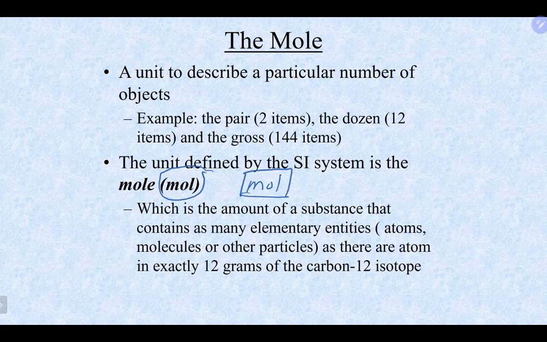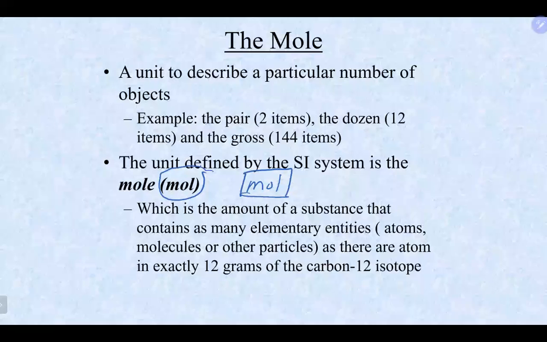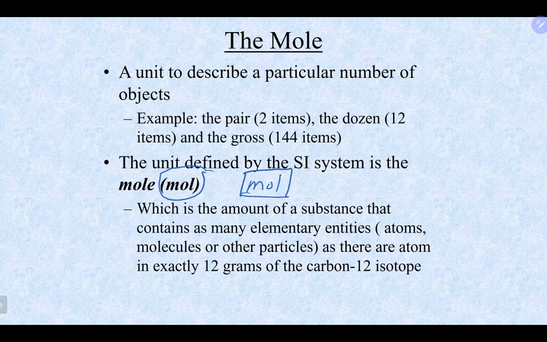It's really important, though, that when you do see mol, you understand that it represents mole. It does not represent molecules, which is a very common mistake people make when they see that. They think molecules. So that is the abbreviation for a mole. And just like a pair of shoes or a pair of whatever it may be, a mole represents a certain amount of something.